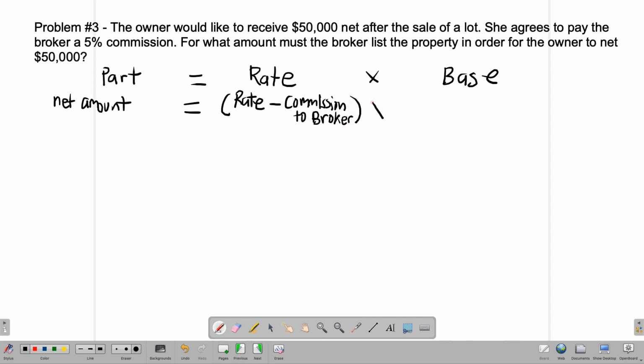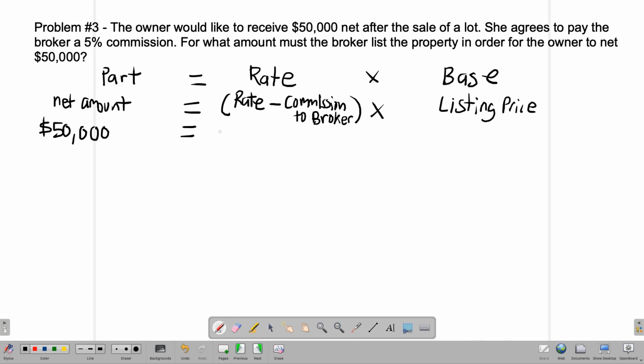And also the listing price. All right, so the owner wants to walk away with $50,000, so that represents the net amount. So we'll put 50,000 here, and the rate minus the commission to the broker.